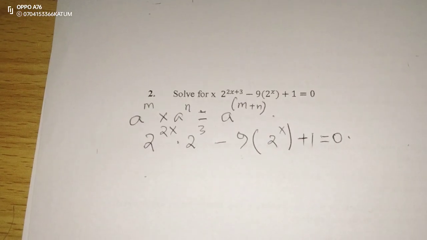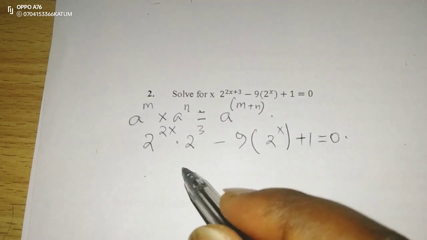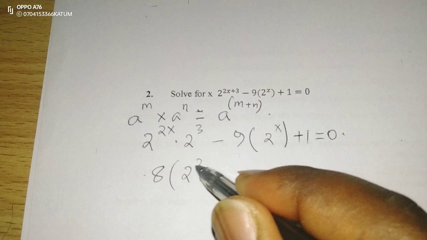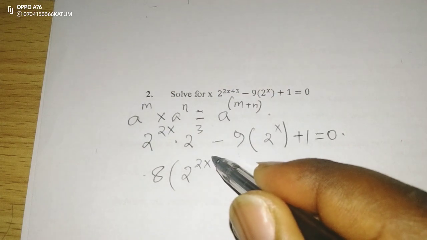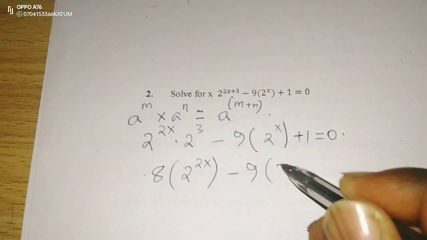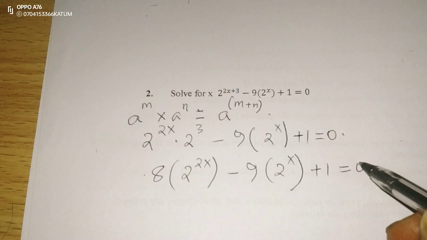So now we can have this one sorted. 2 raised to 3 gives us 8. So we have 8 being multiplied by 2 raised to 2x minus 9, 2 raised to x plus 1 equals to 0.